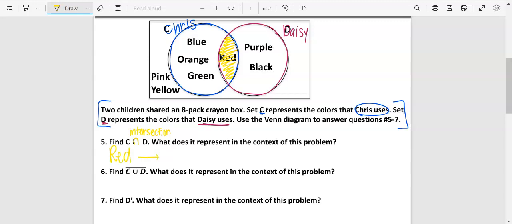Now, what does that mean in the context of this problem? That would mean that red is a color that both Chris and Daisy used. It's a color that they both use, that they have in common. That is their intersection. So it's what Chris and Daisy used.